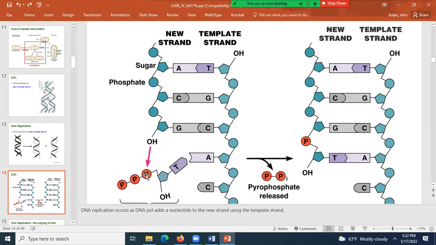And then you connect this phosphate to that sugar group with a covalent bond. And then the T will hydrogen bond to the A. Okay, any question about any of that?